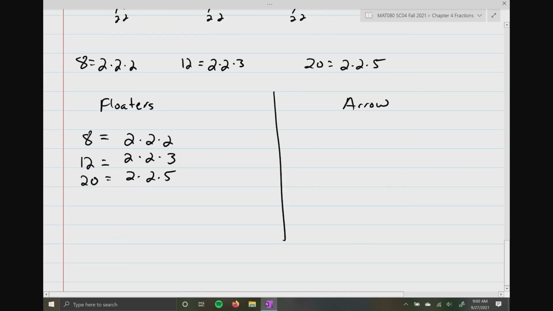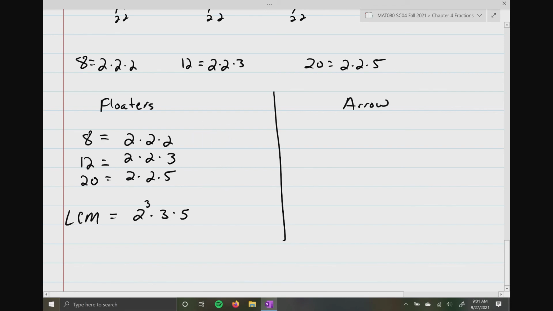So I know my LCM is going to be 2 times 3 times 5. I need to worry about exponents. So the number 2, well, in this prime factorization, there's 3 of them. And this one, there's 2 of them. And here it's 2 of them. So it's going to be 2 to the 3rd. Do we all agree? Okay.